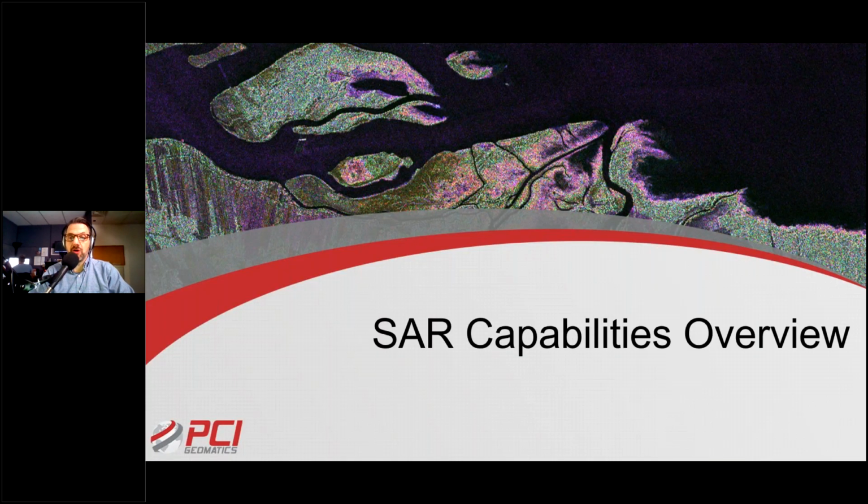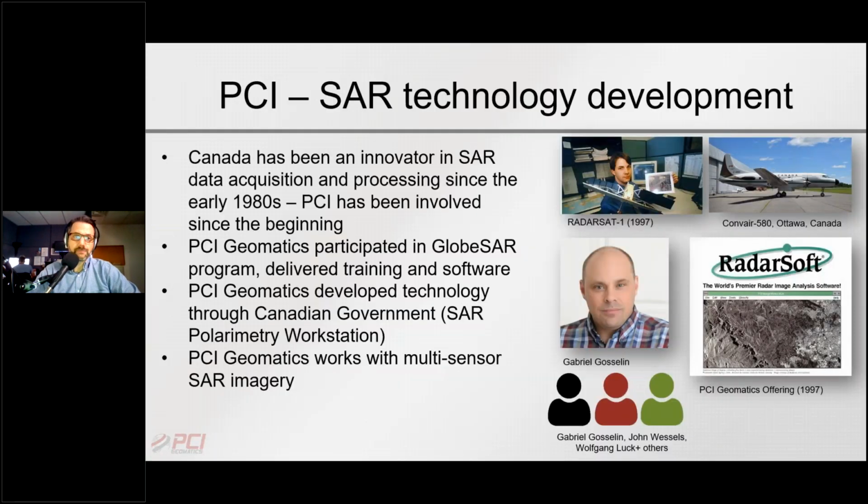Just a quick overview on our capabilities as it relates to SAR. As I mentioned, we have been developing technology for many, many years. You can see that Canada in specific has been an innovator in SAR for many, many years, since the early 1980s. If you're located in Ottawa and you're lucky enough, on some days you'll see the Convair out of the hangar.